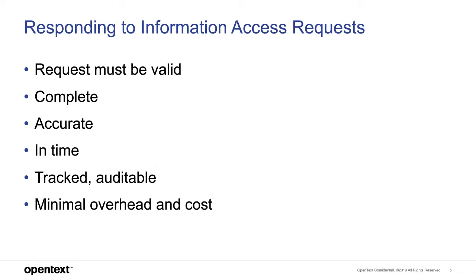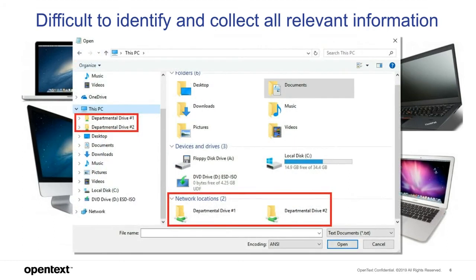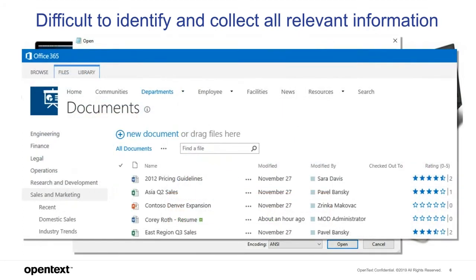On top of this, you can also see that it's quite difficult to identify certain content and information because it's not always easy to collect all relevant information. Whether it sits on any kind of computer system server, on a departmental drive, or in some SharePoint site, how do you collect all that information?